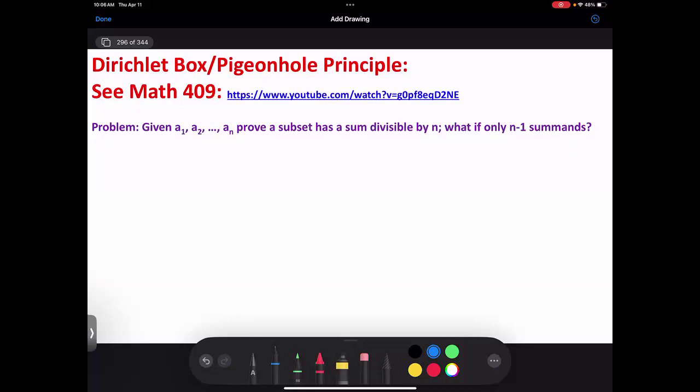Can you give me a subset of 11 numbers so that no sum is divisible by 12? Is there such a sum? So can you give me 11 numbers, each of them between 1 and 11, such that no sum of theirs is going to be a multiple of 12?